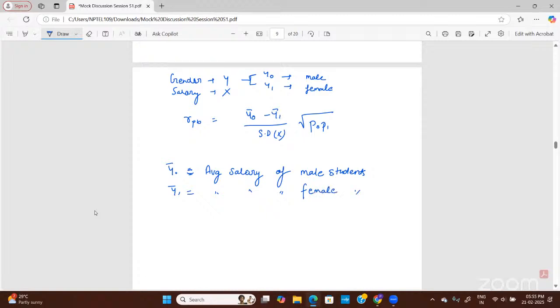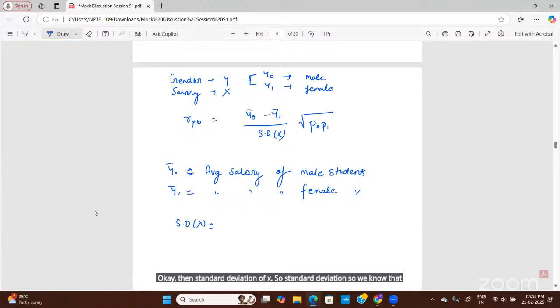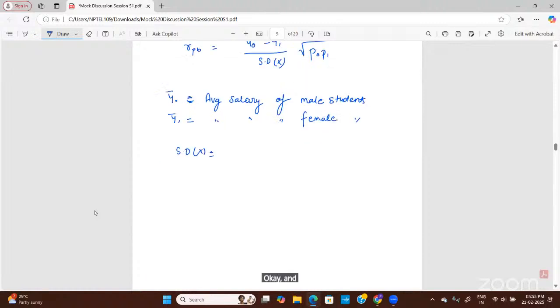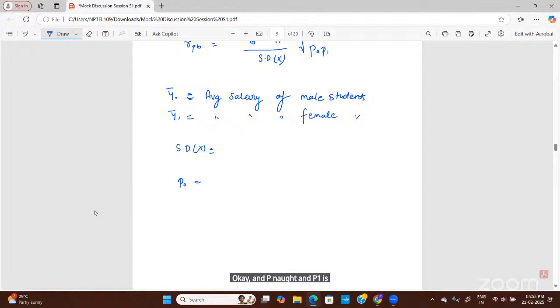Then the standard deviation of X. We know that X is the salary, so we just have to take the standard deviation of the salary column. Ma'am, is it a population or a sample standard deviation of X?